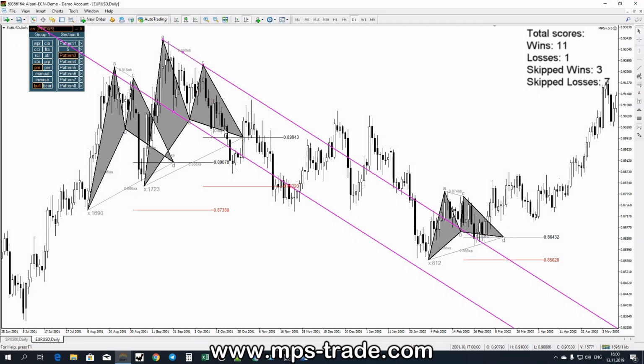As for the second touch, we had this, then we had a spinning top, spinning bottom, sorry, and then we had this price, but it didn't enter into the channel area. So this bull close is not inside the channel, that's why we do not enter.